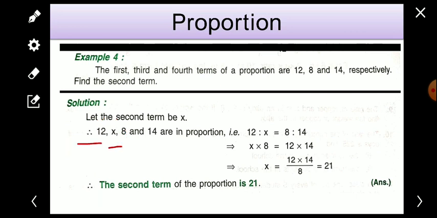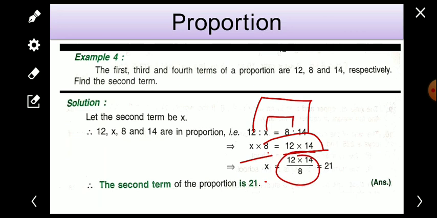So 12, x, 8 and 14 are in proportion, that is 12 is to x is equal to 8 is to 14. Now we can use that the product of the means is equal to the product of the extremes, and x will be transferred this side, then it will be in division.